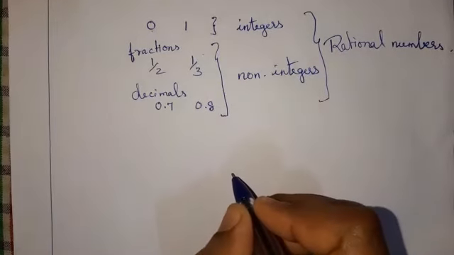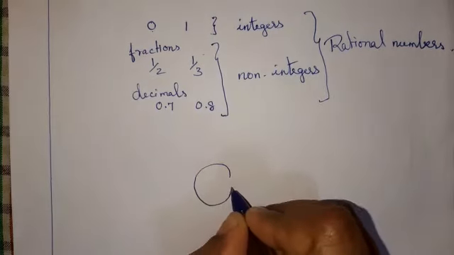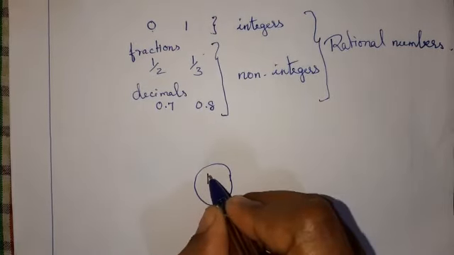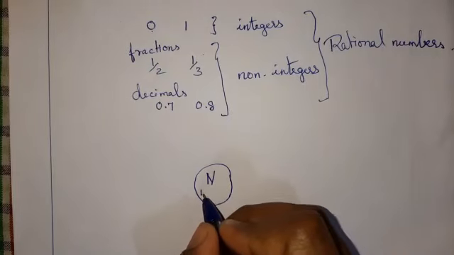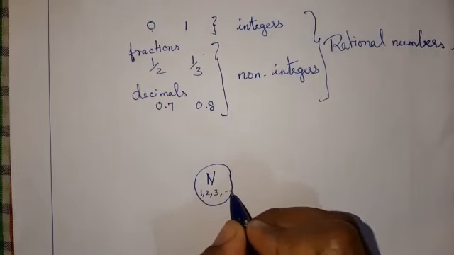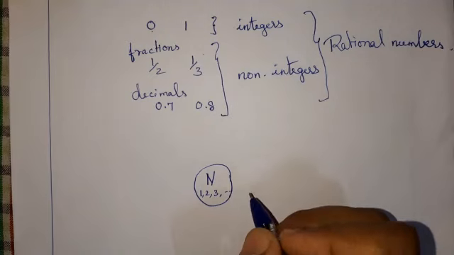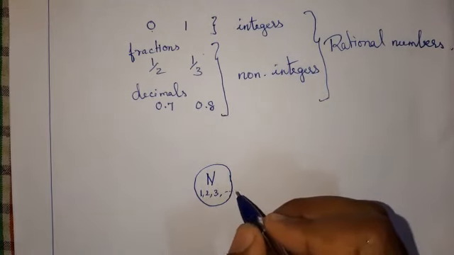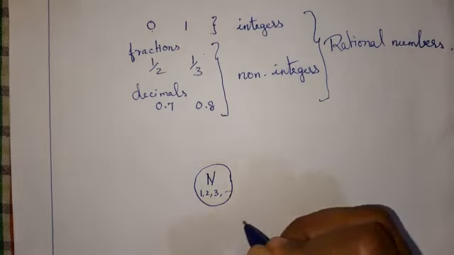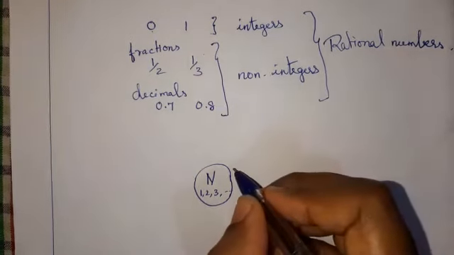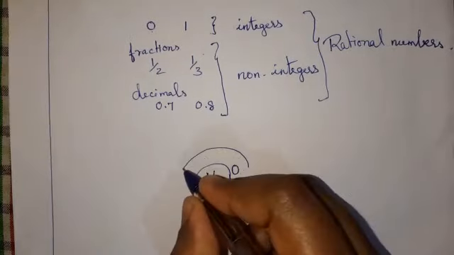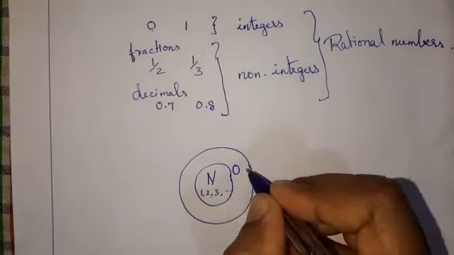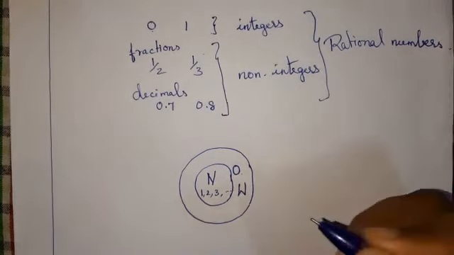Students, now take one small circle for natural numbers. Natural number is denoted by capital N. It starts from 1, 2, 3, etc. Now you can draw a circle around the natural numbers, that is whole numbers, because we are including 0 with natural numbers. Therefore, this is the set of whole numbers.